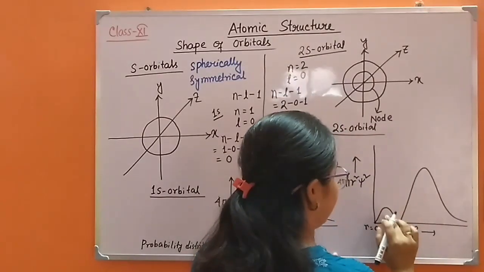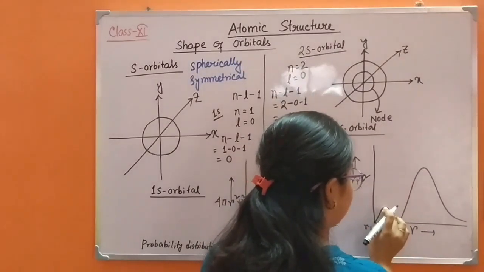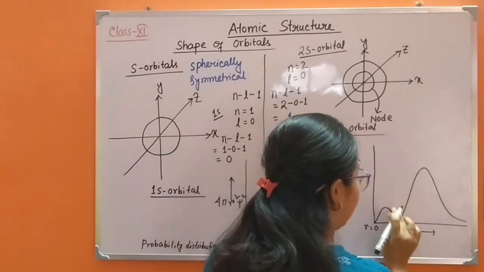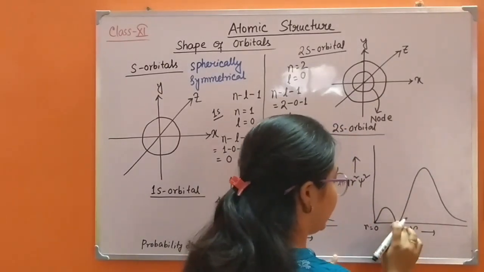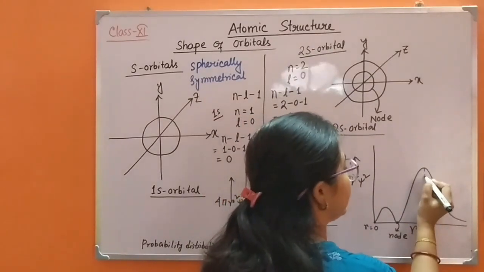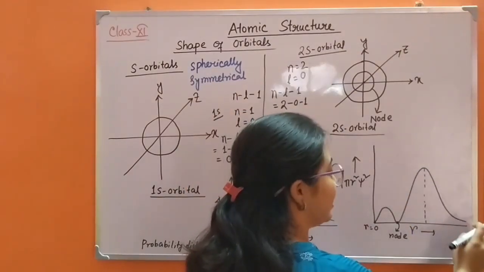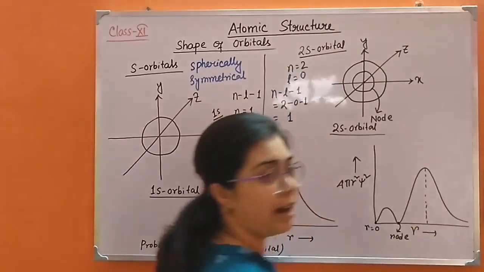First r increases and electron density also increases. At this point electron density increases. But here electron density is again 0 in the nodal point. Again r increases and electron density increases, and at this point it becomes maximum. Again electron density decreases with increasing r.